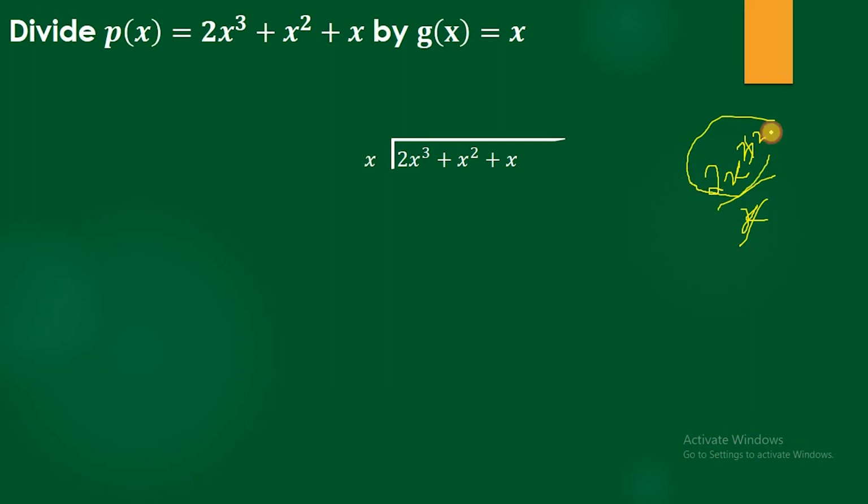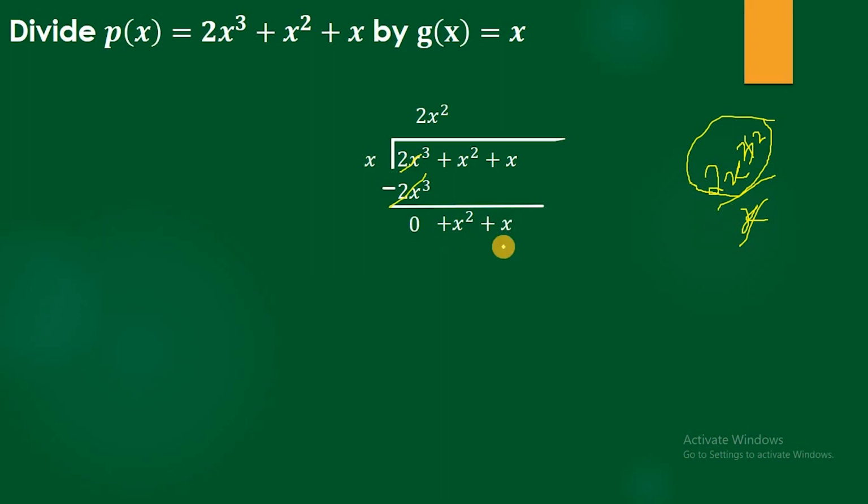And we'll write this 2x squared in the quotient. So we'll multiply 2x squared with the x, you will get 2x cubed. When you subtract it, since they both are like terms with different signs, these two will get cancelled, you will get 0, and we'll copy down whatever is left, that is plus x squared plus x.